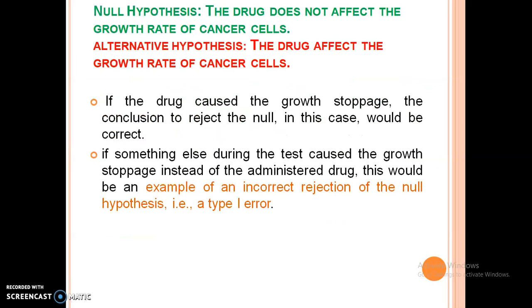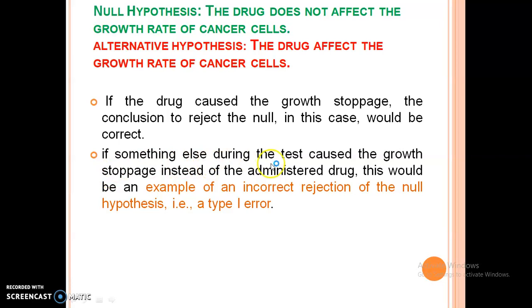Now again, if the drug caused the growth stoppage, the conclusion to reject the null in this case would be correct. If the growth stopped and the reason was that medicine, then saying the null hypothesis is not correct and rejecting it is the right decision. But now listen carefully.